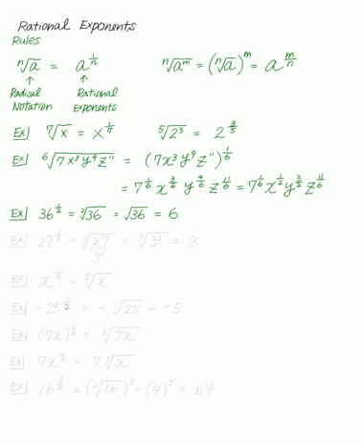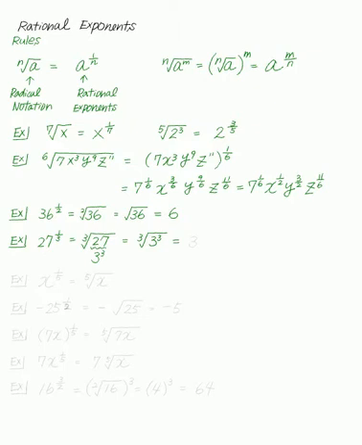Next example. We have 27 raised to the 1/3 power, which becomes the cube root of 27, which becomes the cube root of 3 to the 3rd power. We just need to prime factorize 27.